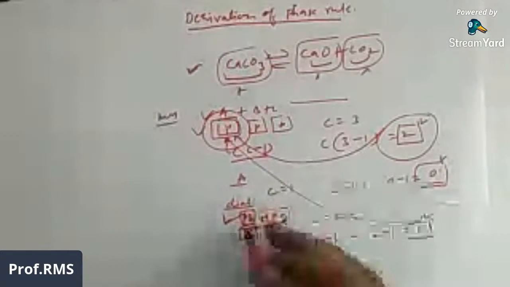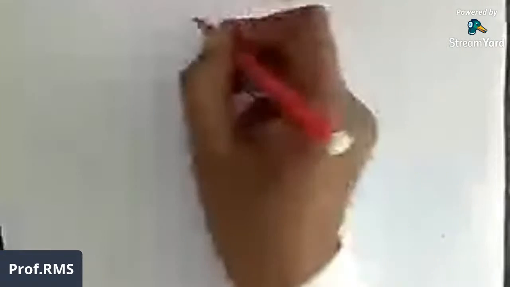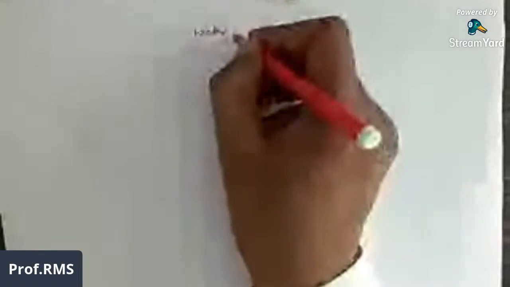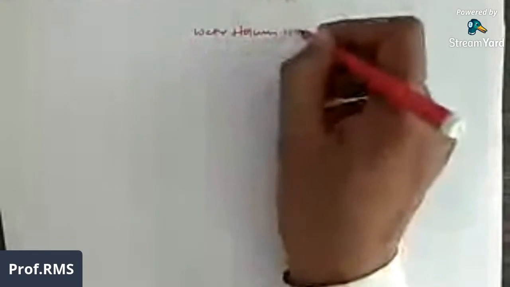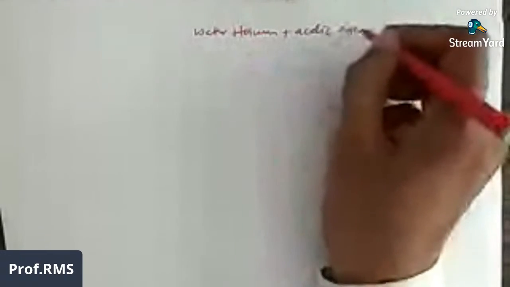Now, if we have a three component system, suppose a system with water, toluene, and acetic acid.